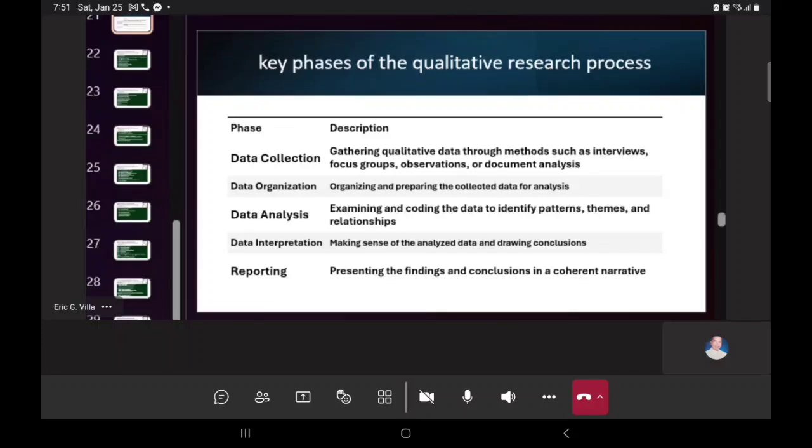It is important to note that while these phases are represented linearly, qualitative research is often an iterative process. Researchers may move back and forth between phases as new insights emerge, constantly refining their understanding of the data.